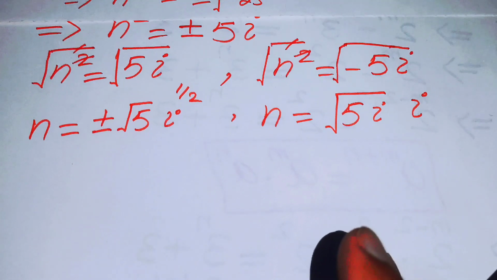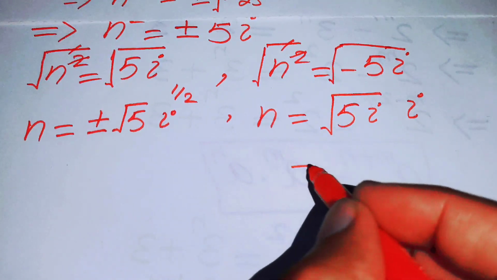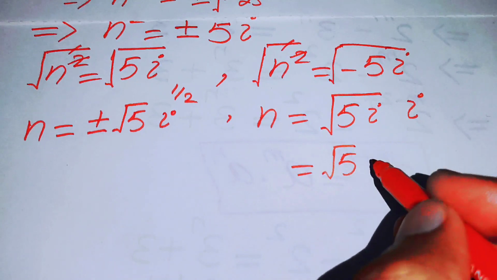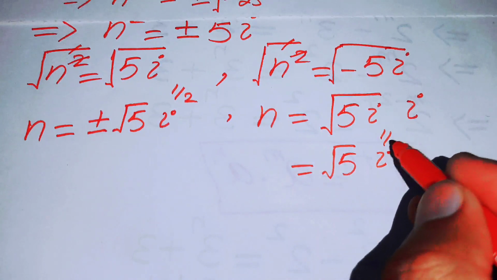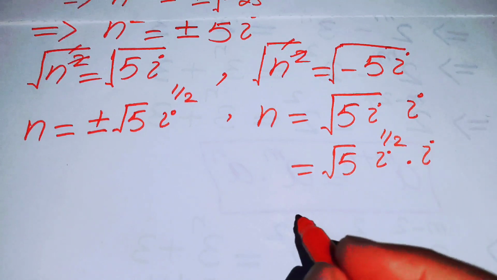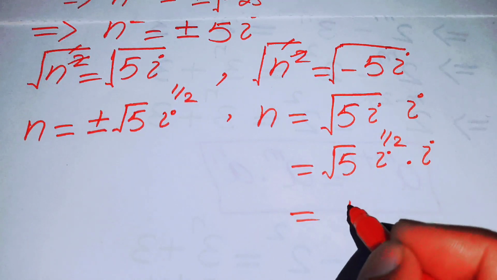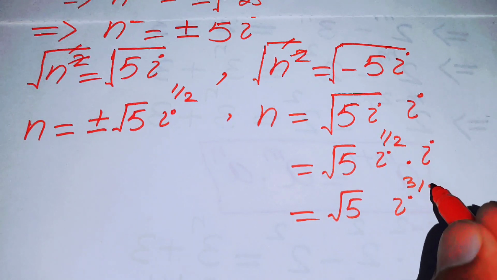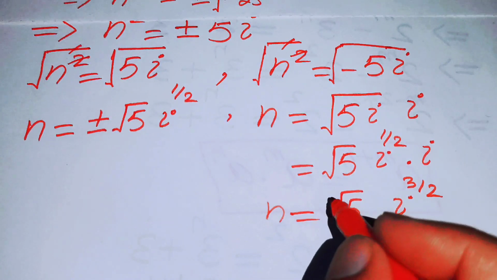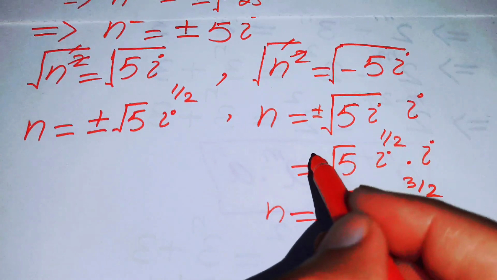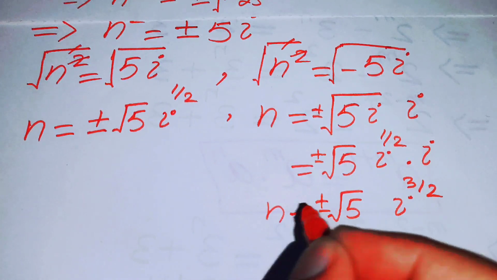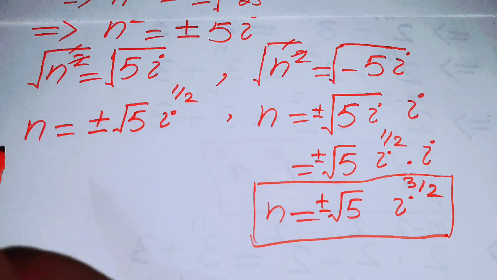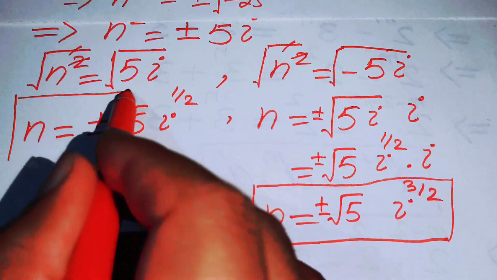And here you see that when you separate this square root, then you will get here square root 5 into iota power 1 over 2 times iota, and we see that the bases are the same, so we can finally write it as iota power 3 over 2. So these are the other two. Here we can write this plus minus sign. So these are the other two complex roots of the given equation.